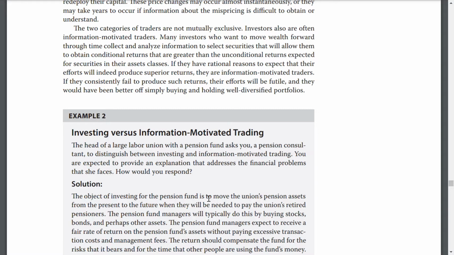If they have rational reasons to expect that their efforts will indeed produce superior returns, they are information-motivated traders. If they consistently fail to produce such returns, their efforts will be futile, and they will be better off simply buying and holding well-diversified portfolios.